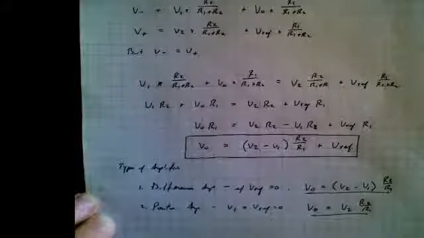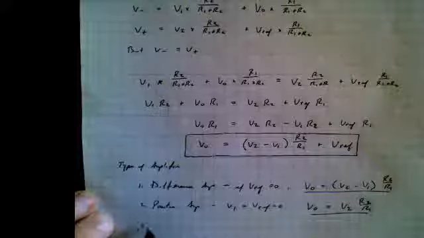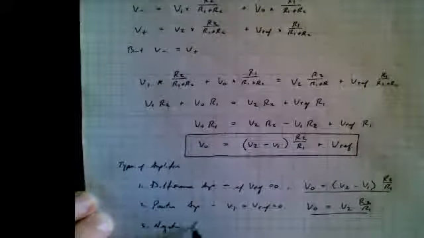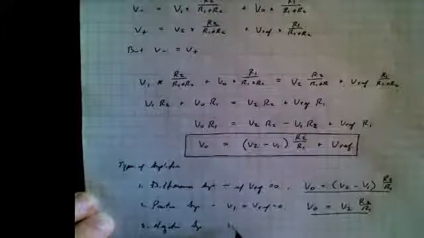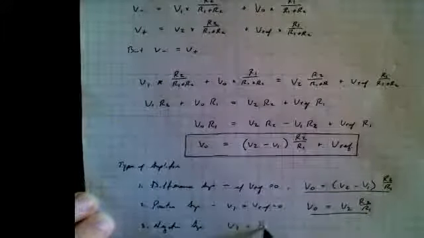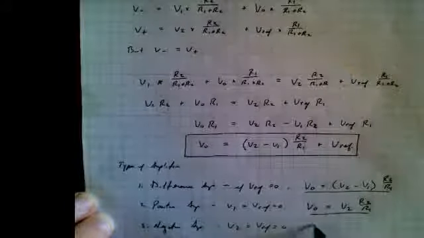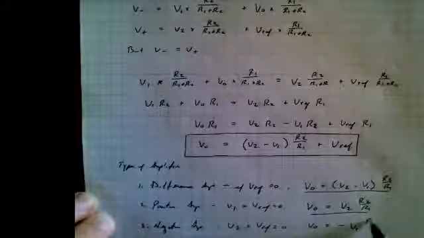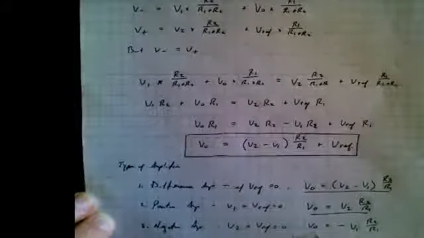It's a positive amplifier. And let's say that we wanted a negative amplifier. Well, then we would let V2 equal Vref equals 0. And then we would get VO is equal to minus V1 R2 over R1.